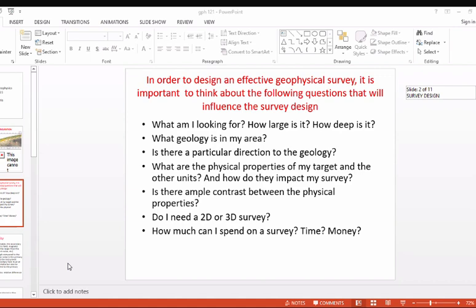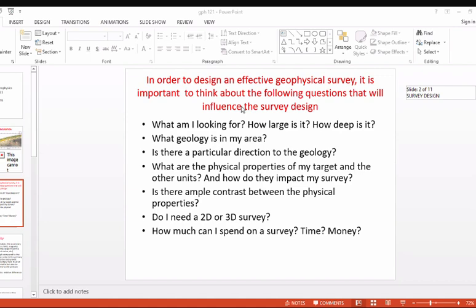Now let us look at detectability. How do we image or detect a target or anomaly?